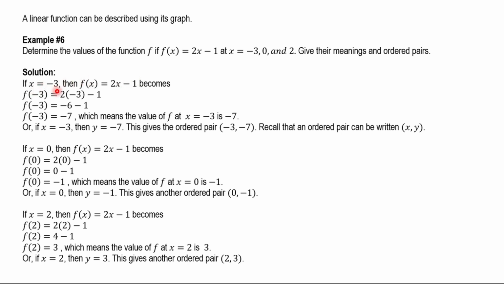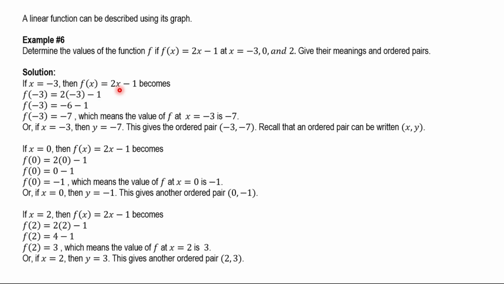If x equals negative 3, then our function f of x equals 2x minus 1 becomes f of negative 3. We just replace the value of x in our function. So, instead of f of x, it becomes f of negative 3 equals 2 times negative 3.